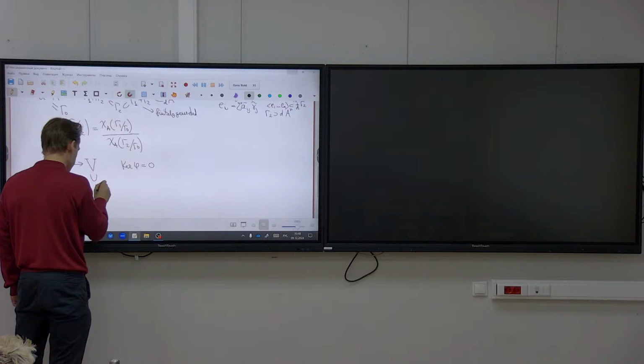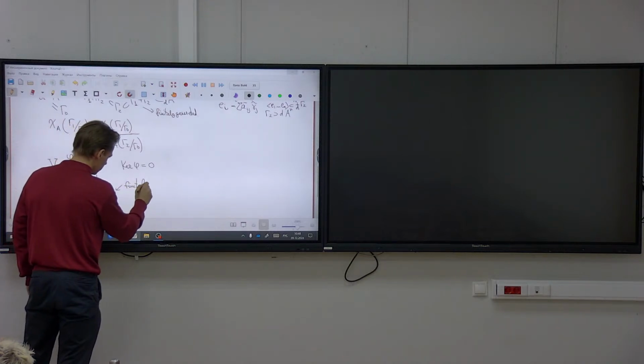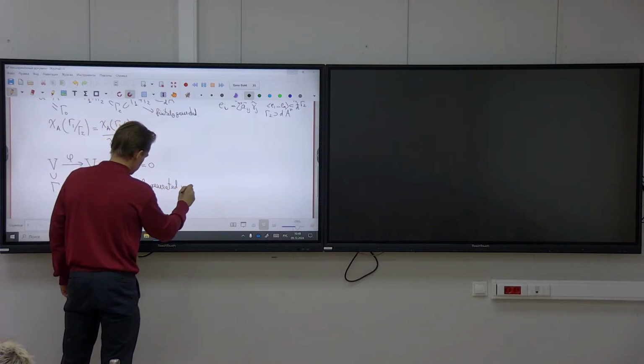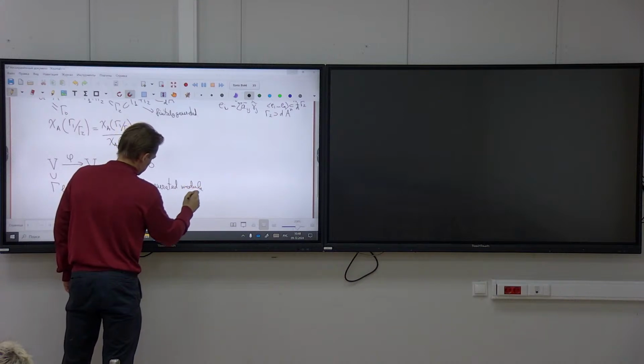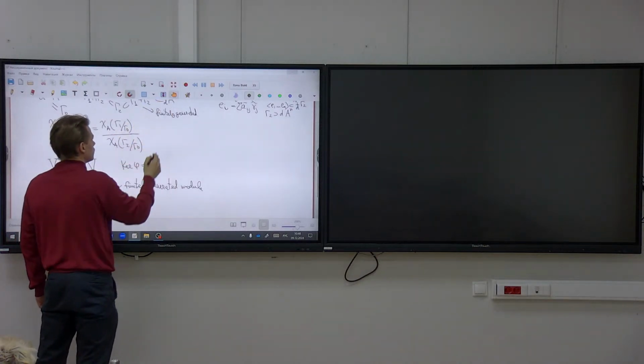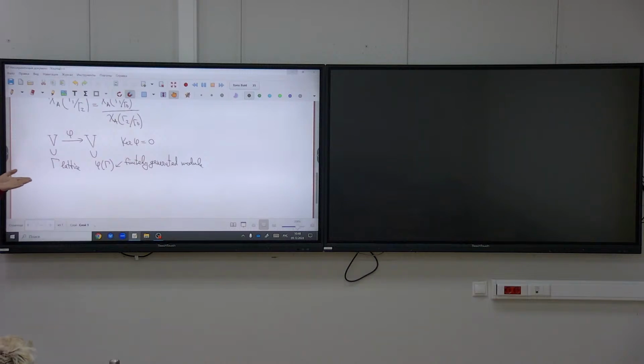So anyway, phi of gamma is a finitely generated module, and it is of maximal rank if and only if the kernel is equal to 0.